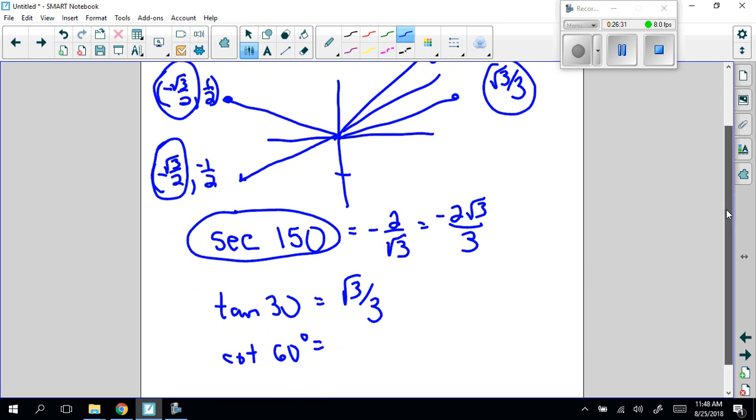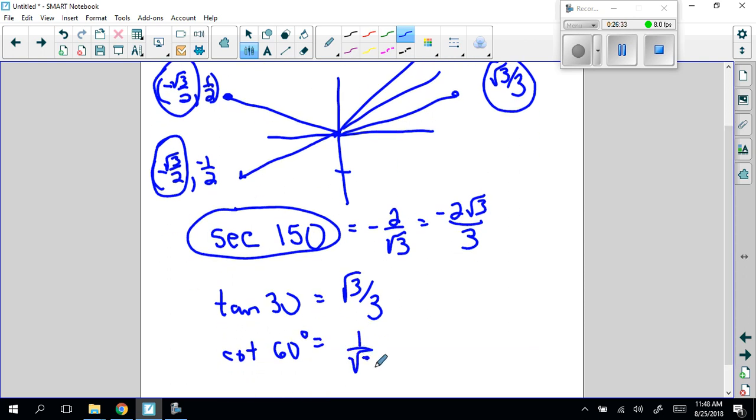So therefore, cotangent is 1 over the square root of 3, which is the square root of 3 over 3. Once again, rationalized in my head. So once again, if you got a unit circle in front of you, it makes things extremely fast. You don't really learn anything, but boy, you can answer questions. So pretty good stuff.